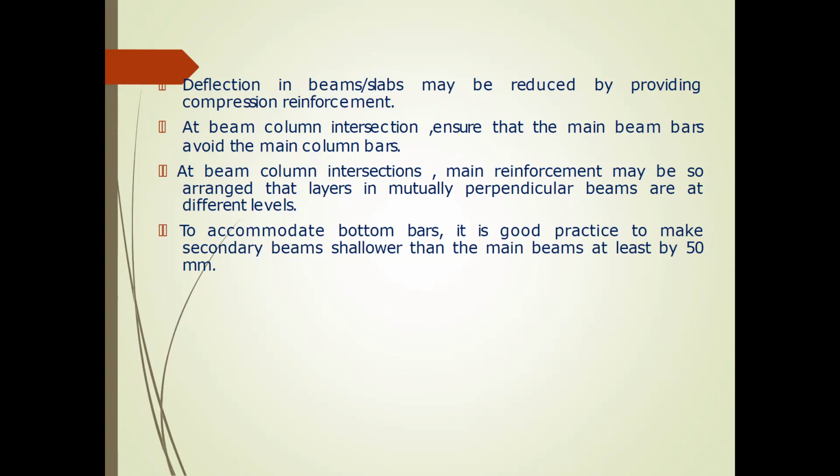At beam intersections, main reinforcement should be so arranged that the layers in mutually perpendicular beams are at different levels. To accommodate the bottom bars, it is good practice to make secondary beams shallower. That means the secondary beam should be shallower than the main beam, at least by 50 mm.